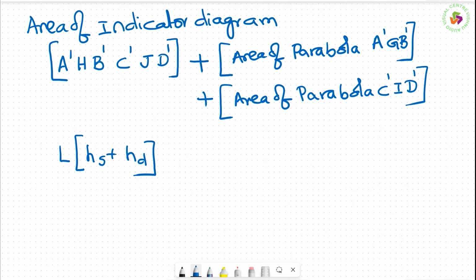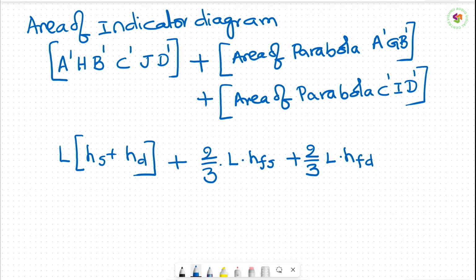Finally, it is plus the area of this parabola, which is 2/3 of L into HFS, plus 2/3 of L into HFD.